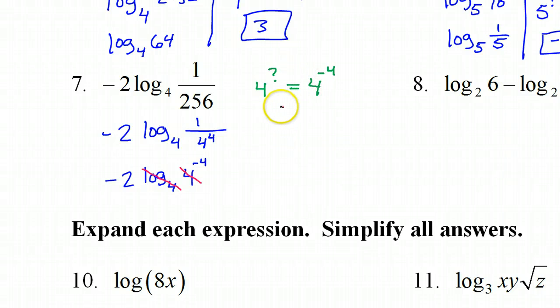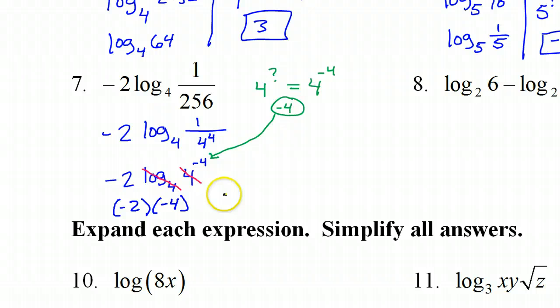Clearly that question mark is -4. So that's what's happening here. That's going to give us -2 times -4, once these cancel out. And that's why the answer is 8. So that's another way to do it. Alright, let's move on to number 8.